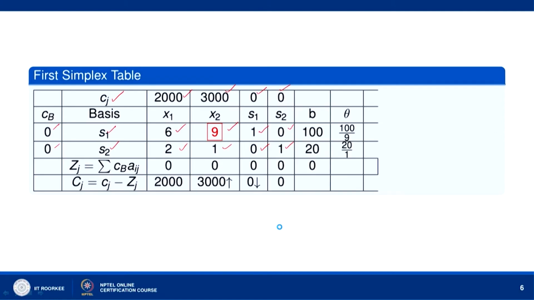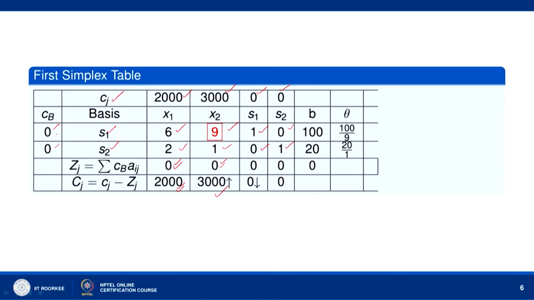Okay. Now, let us find zj. We take j equal to 1. So, 0 into 6, 0 into 2, so we get 0, 2000 minus 0 is 2000. Okay. Similarly, 0 into 9 is 0, 0 into 1 is 0. So, we get 0 here, as the z2 value for j equal to 2 gives z2 is 0, 3000 minus 0 is 3000.